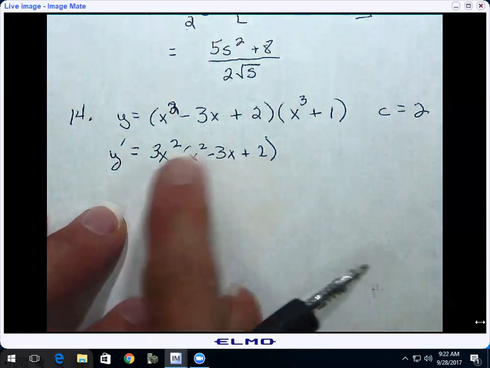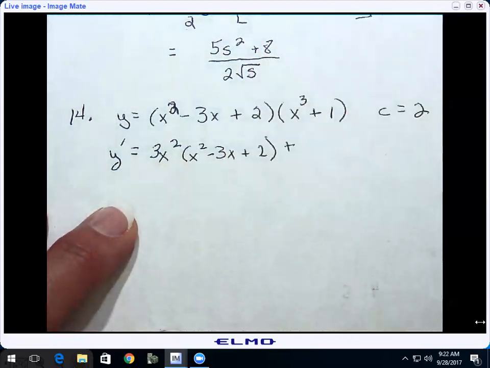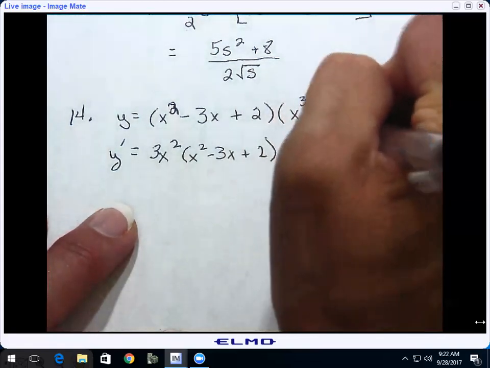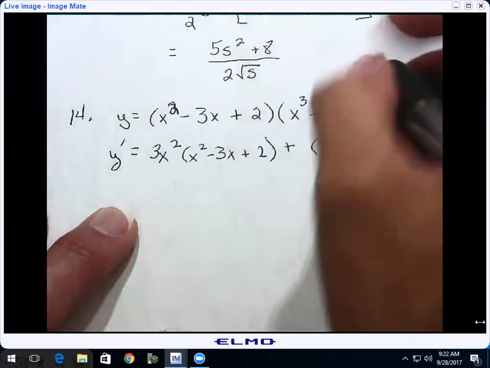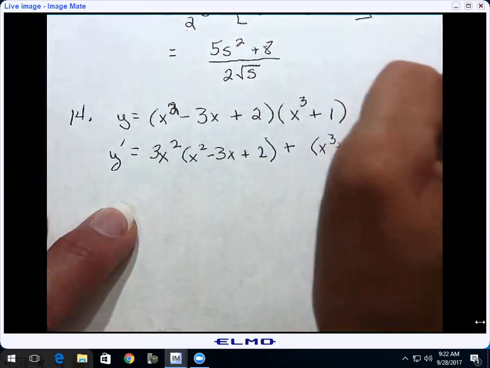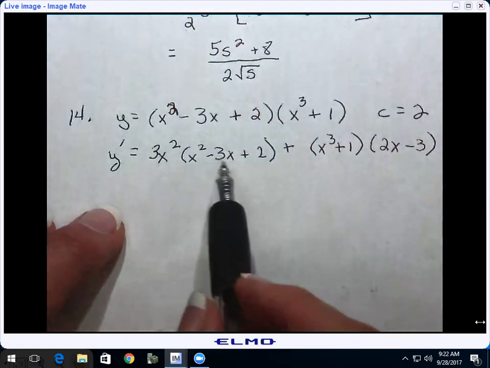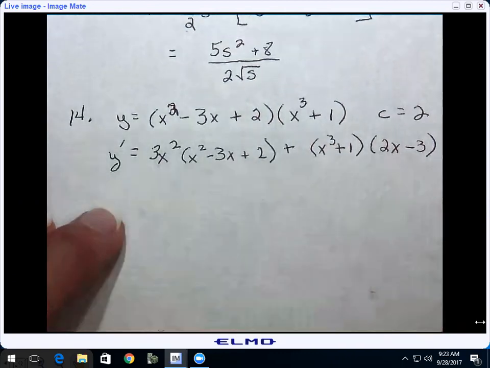That's the first times the derivative of the second. Now we're ready for what? The second. Then what? Derivative of the first is what? 2x minus 3. So here's the first times the derivative of the second plus the second times the derivative of the first.